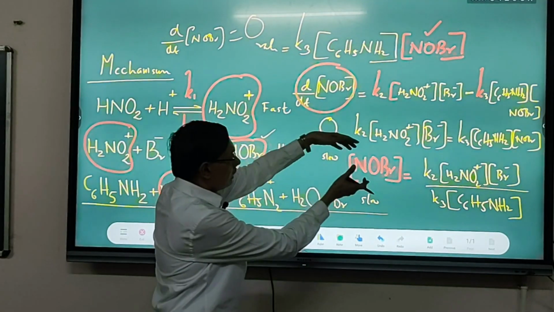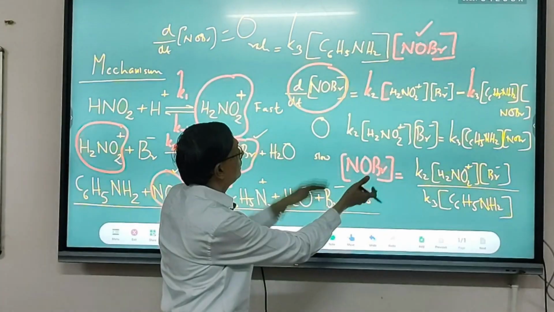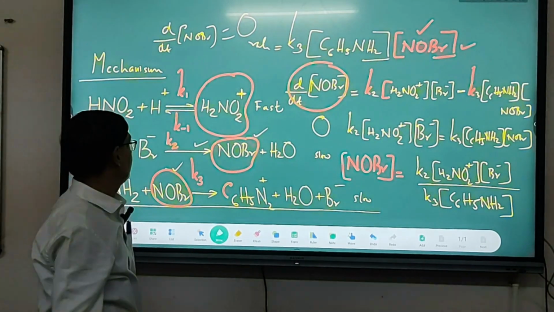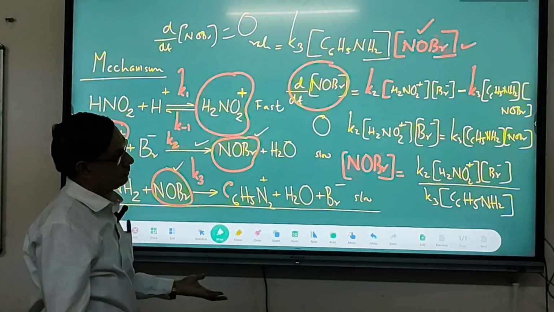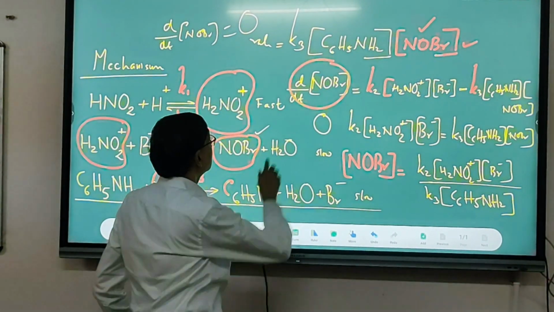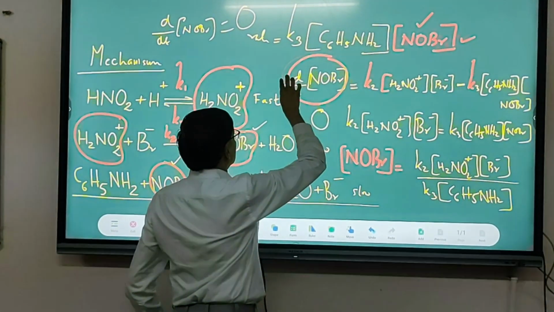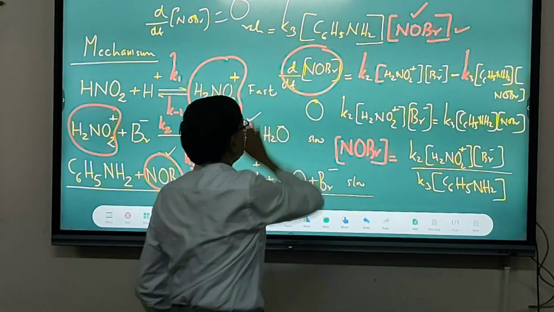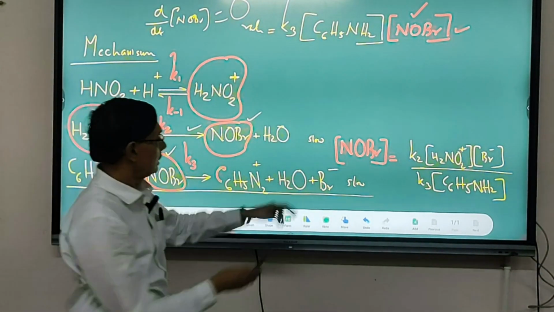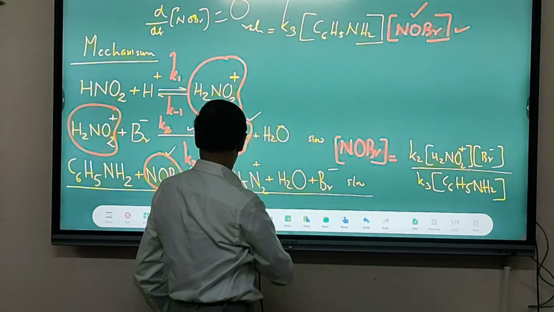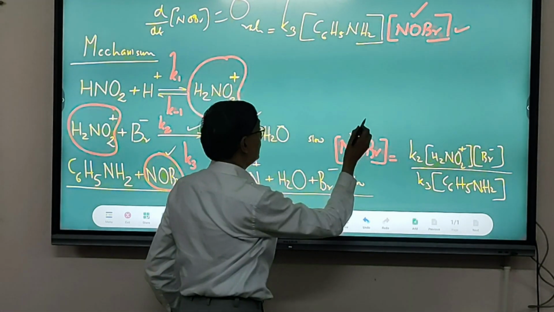Now we have to substitute this NOBr here and our problem will be solved. So how do you solve this equation? Just substitute the value of NOBr from here.